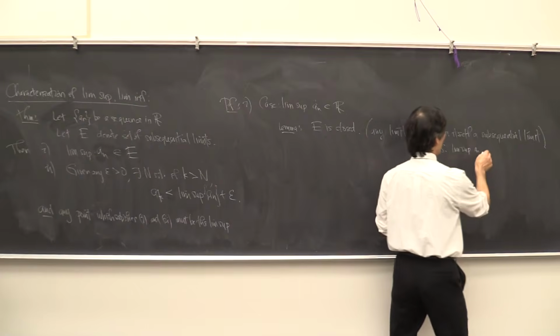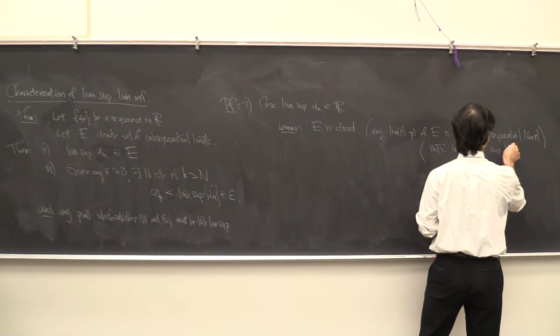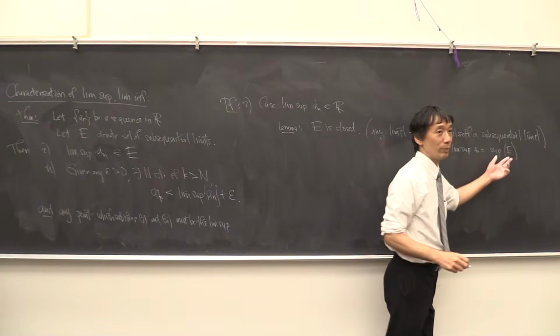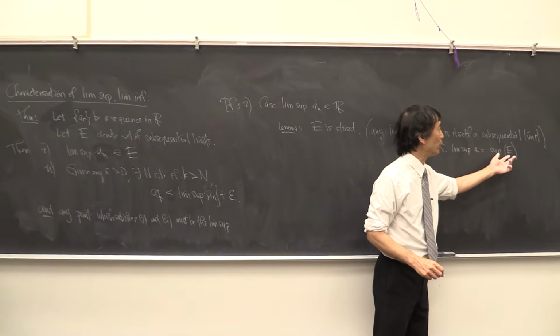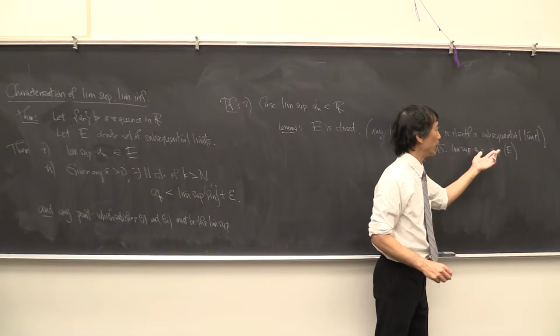This is the supremum of E. But the supremum of E is a limit point of E. So it's going to be what?